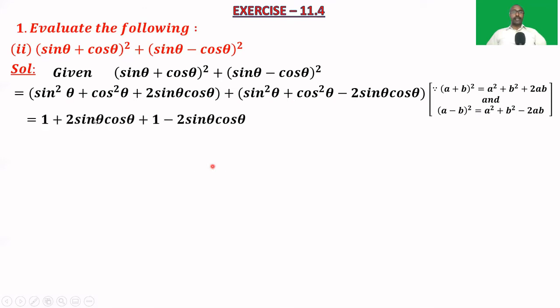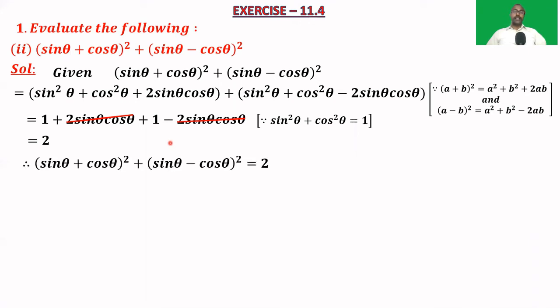So the first is 1 plus 2 sin theta cos theta, and in the second bracket it is 1 minus 2 sin theta cos theta. So here we have plus 2 sin theta cos theta minus 2 sin theta cos theta, which can be cancelled like this, and now we remain with 1 plus 1, which is equal to 2. So the answer is 2.